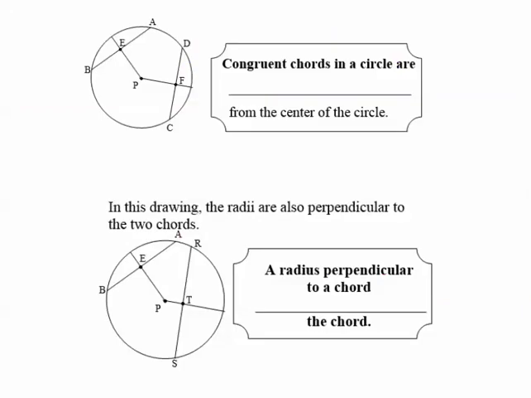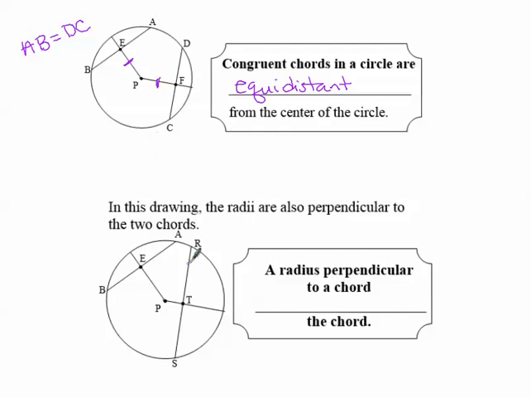So next, let's look at 2 other properties. Congruent chords in a circle are equidistant. That means if AB is the same as DC, then I know that EP is congruent to FP.